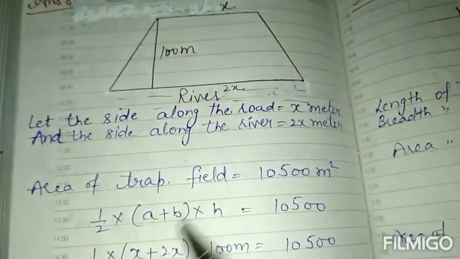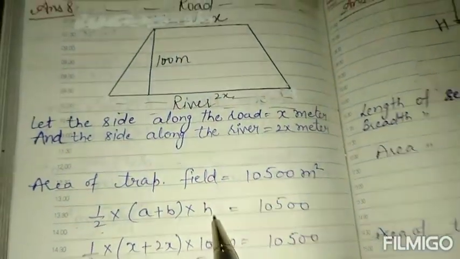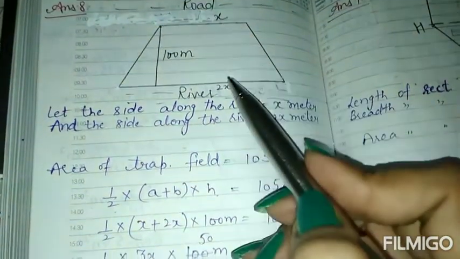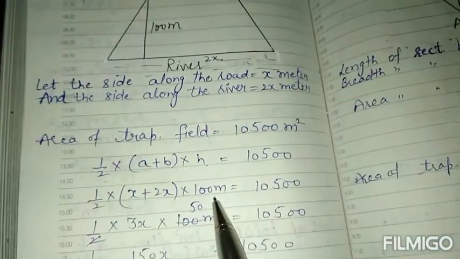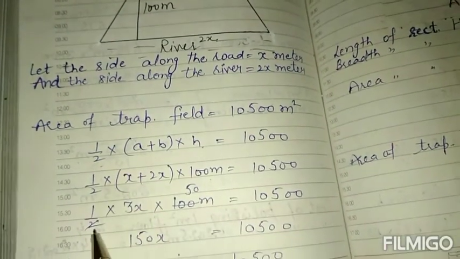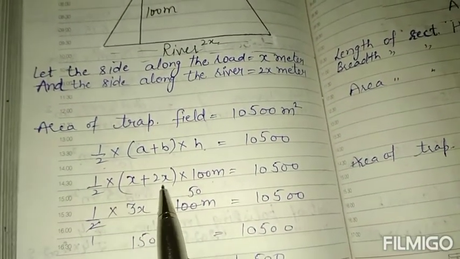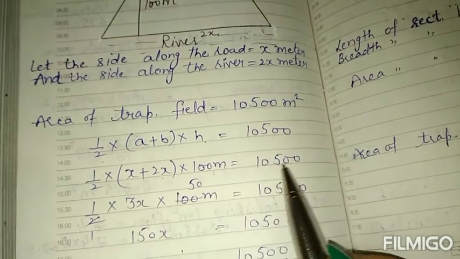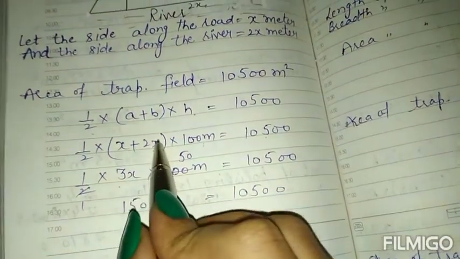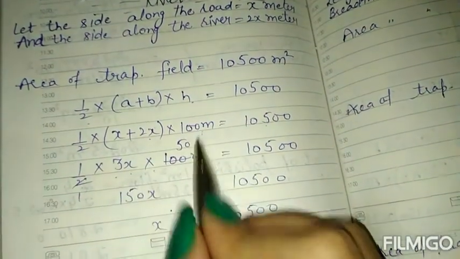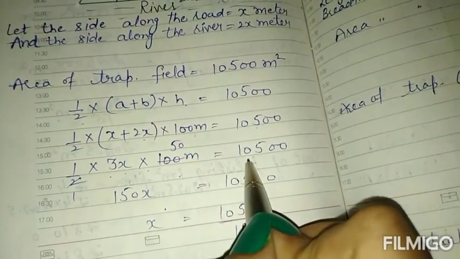So we will apply the formula half of a plus b into h. Here a is x, b is 2x and h is 100. That is given. When you solve, you will get half of x plus 2x into 100 meter equal to 10,500. Half of 3x, x plus 2x becomes 3x into 100 equal to 10,500.